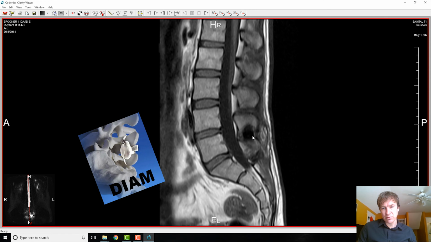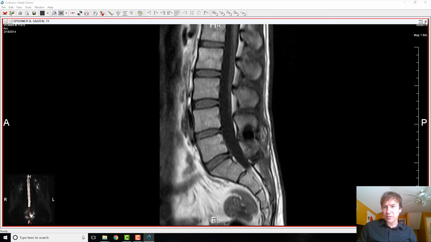It's a silicone, like basically bump stop to absorb the shock and take the pressure off of this disc here, the L5S1 or L4, L5 disc. So alright, I'm gonna close this out since we already viewed it.